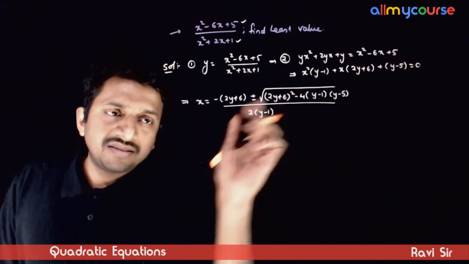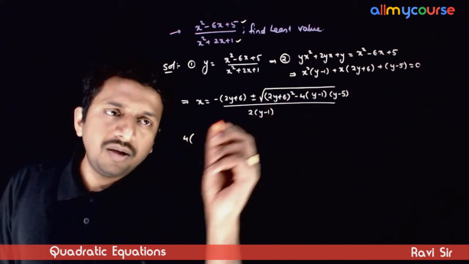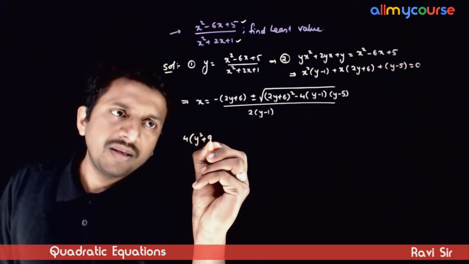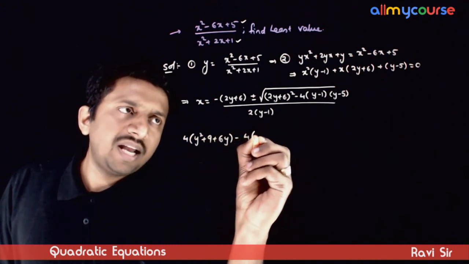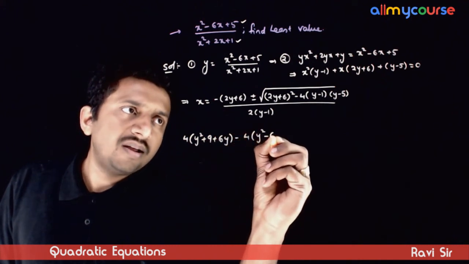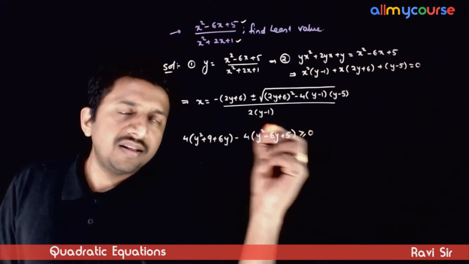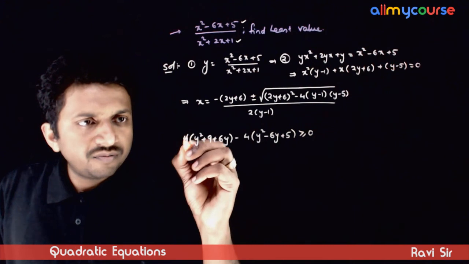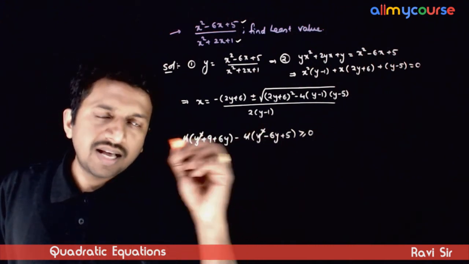So if you take this expression, this is 4 times (y plus 3) whole square, that is y square plus 9 plus 6y, minus 4 times (y square minus 6y plus 5), has to be greater than or equal to 0. So 4 and 4 get cancelled. Y square minus y square gets cancelled.